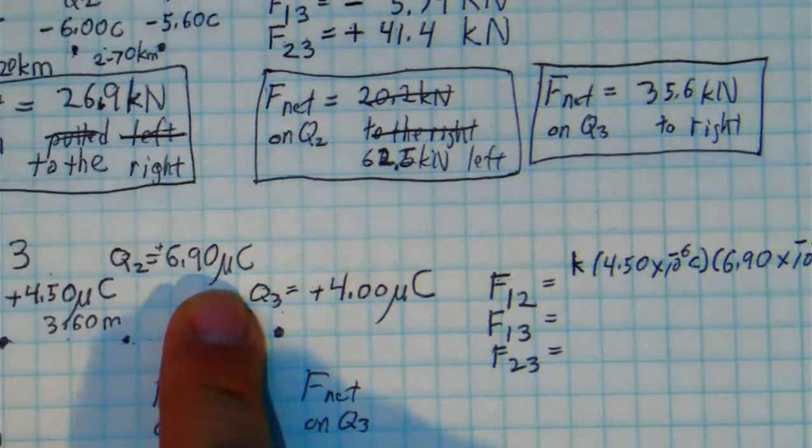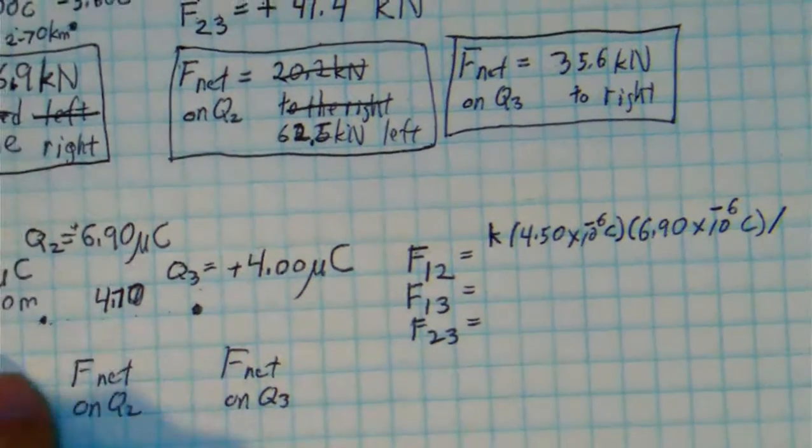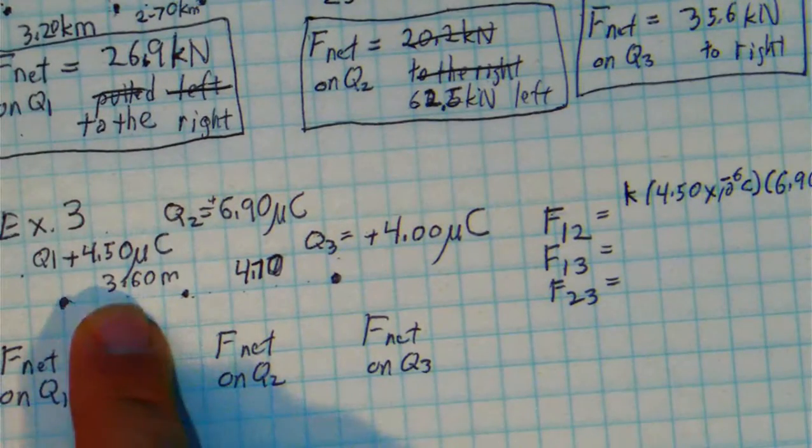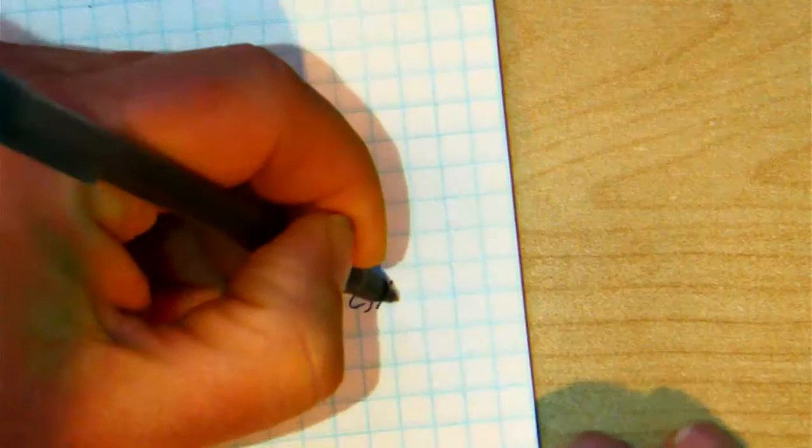That's what micro means. Divided by the distance between Q1 and Q2, a value of 3.60 meters squared.